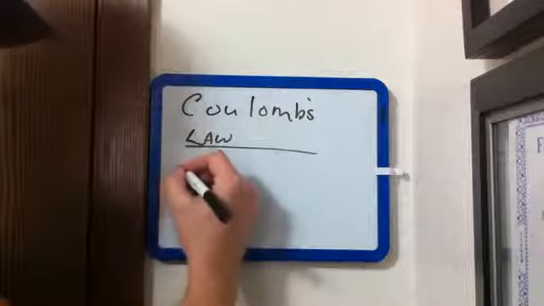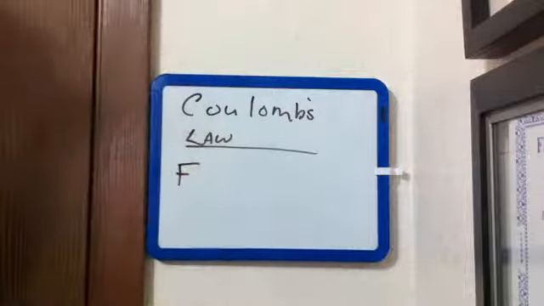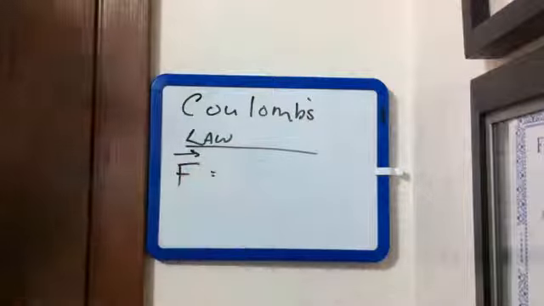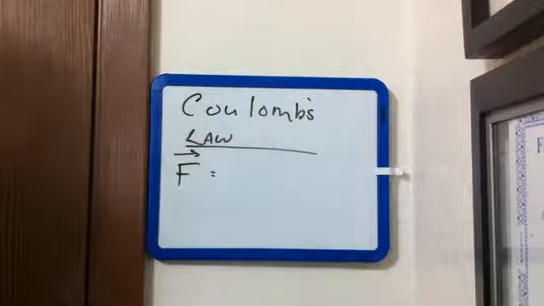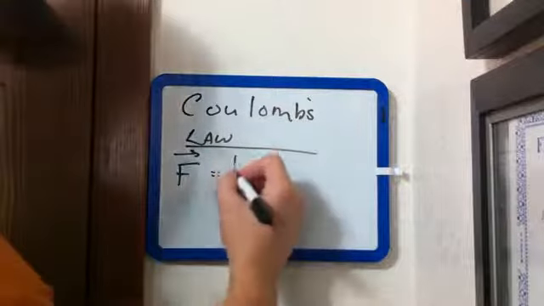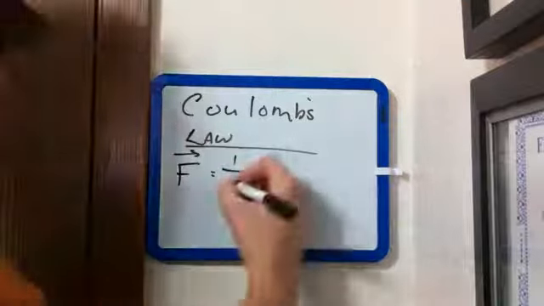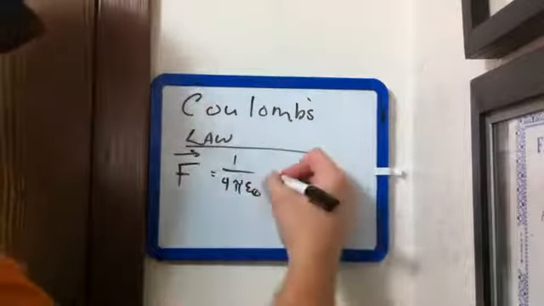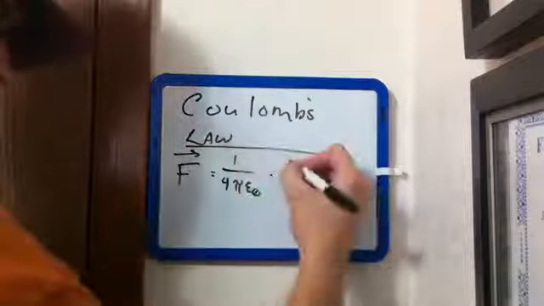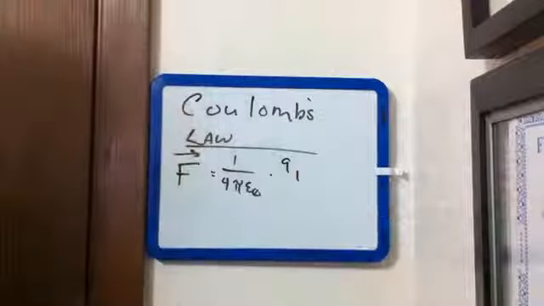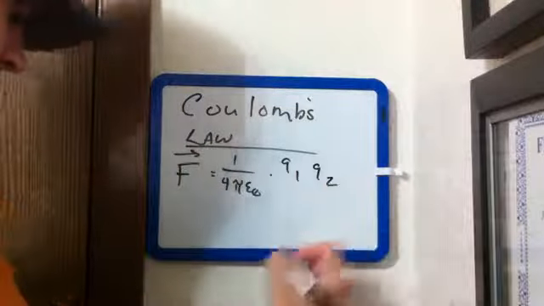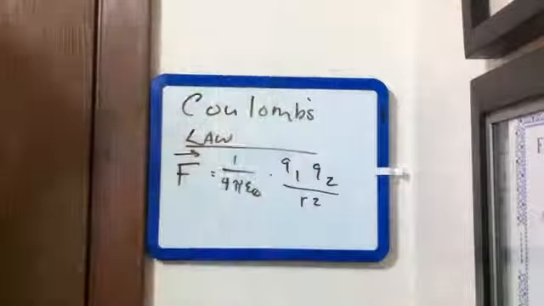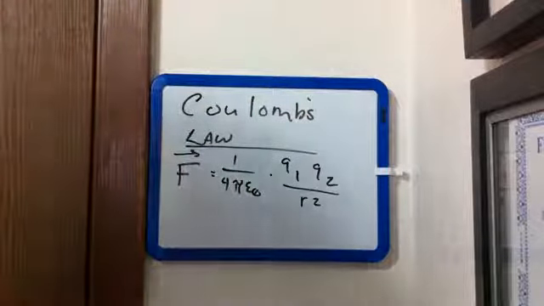Coulomb's law basically states that the force, and I'll just put a little line above that force, because that is a vector quantity, equals 1 over 4 pi epsilon naught multiplied by the charge on my first particle, times the charge on my second particle, divided by the square of the distance between the two particles.